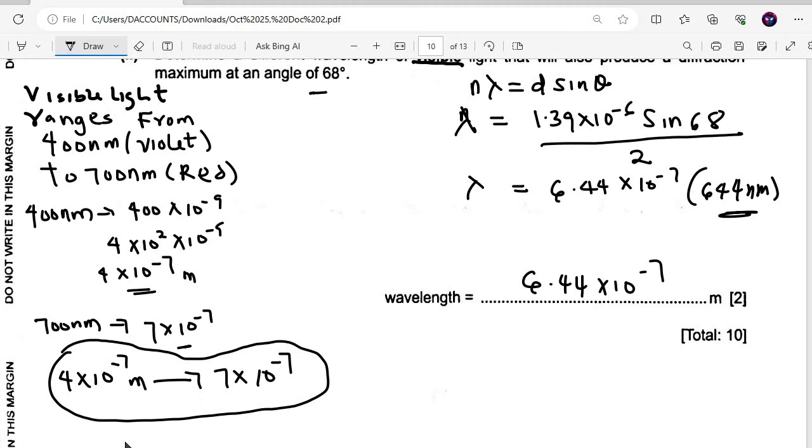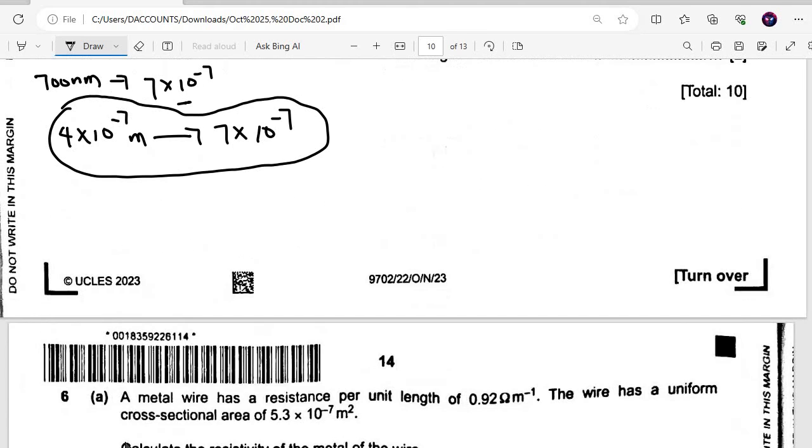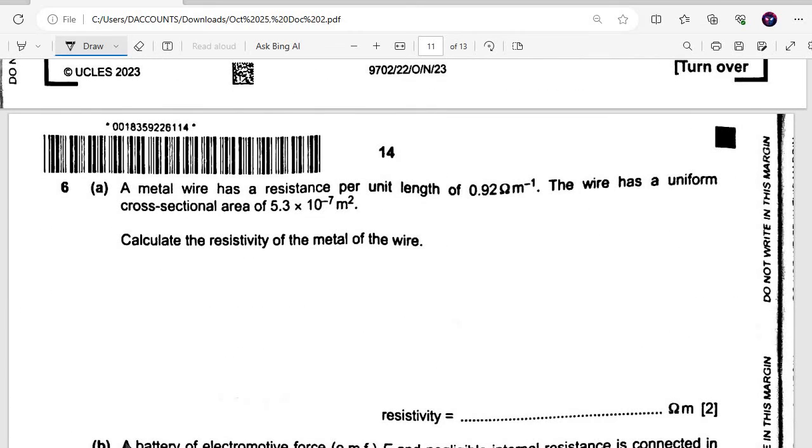It gives us 3.22 times 10 to the power minus 7, which is outside the range, so it's not possible with the fourth order. So our best bet is the second order, 2, which gives us the same wavelength.